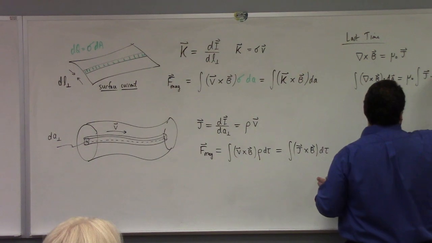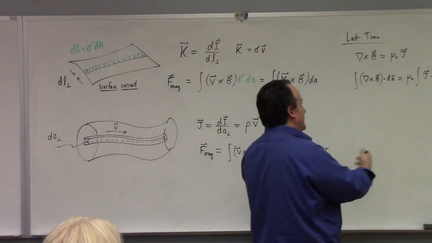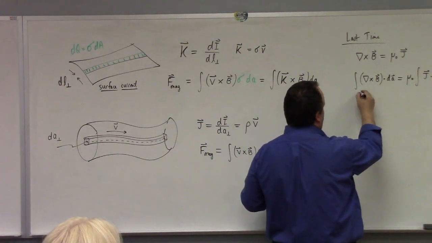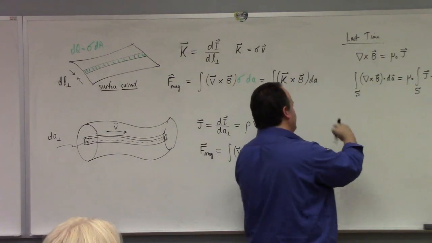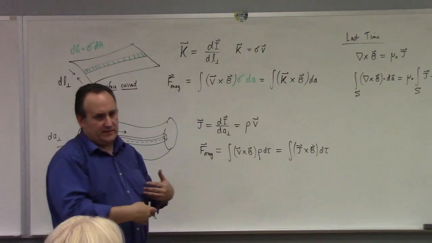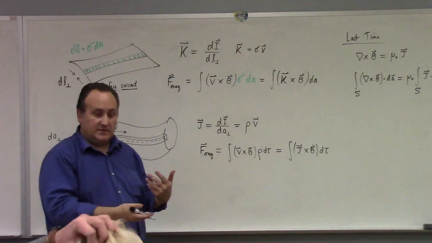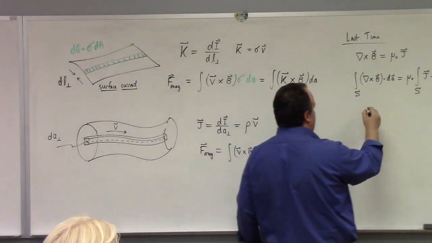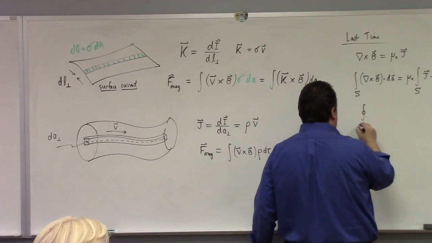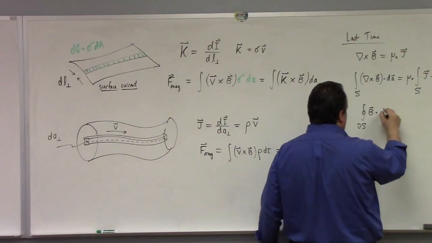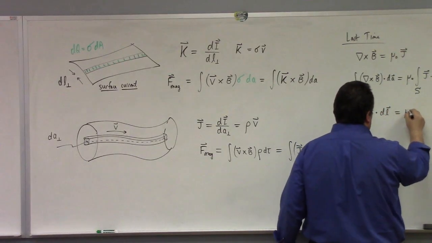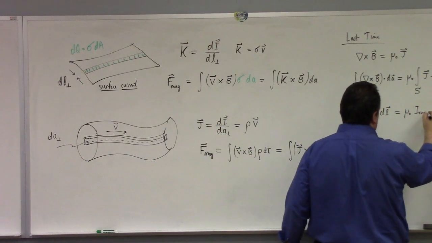Now, what is J dot dA? Well, what that's calculating over a given surface, right? On the left-hand side, we used Stokes' theorem, and Stokes' theorem says that this is the integral around the positively oriented boundary of the surface. The circulation of the magnetic field is equal to mu naught I enclosed.